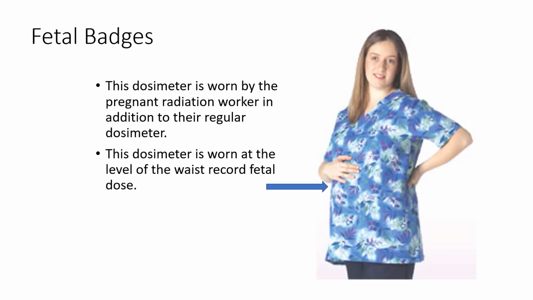To monitor the ionizing radiation that the fetus may receive, a second dosimeter is worn underneath the lead vest or lead apron at the level of the waist near the fetus, so we can get an idea of how much actual ionizing radiation has occurred at this area.